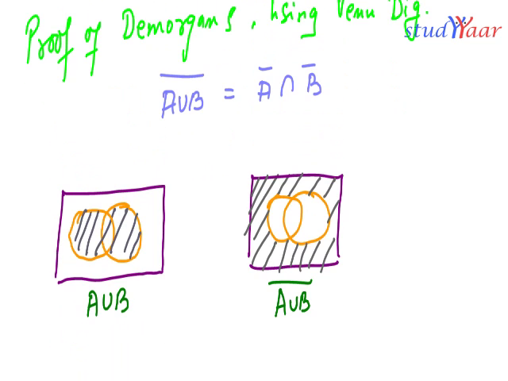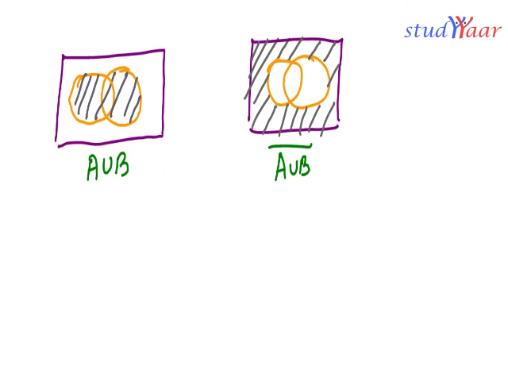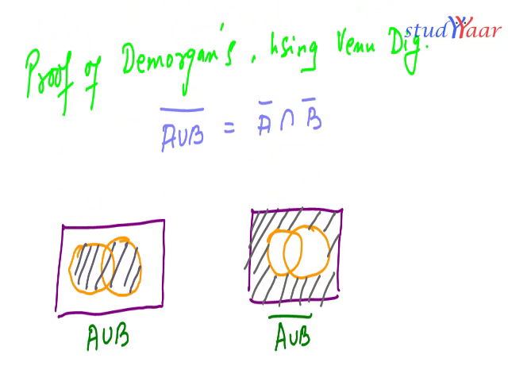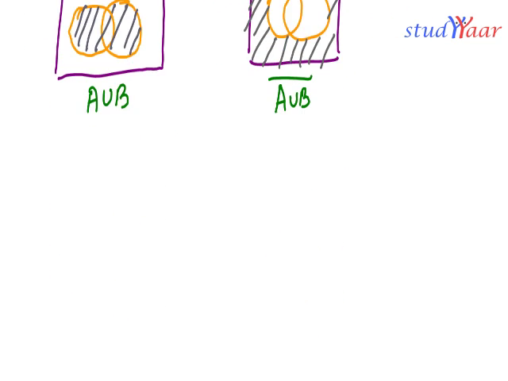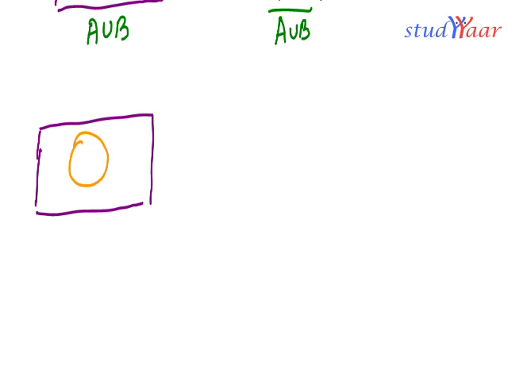Now what I want to do is find out what this is. So let us draw A complement. My A complement looks like this. This is A, let us suppose. A complement is going to be this.